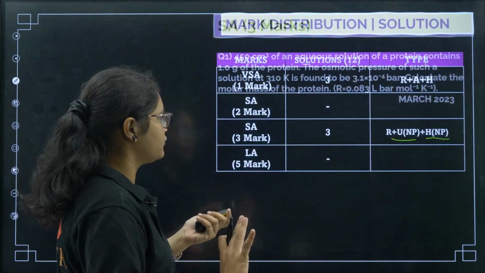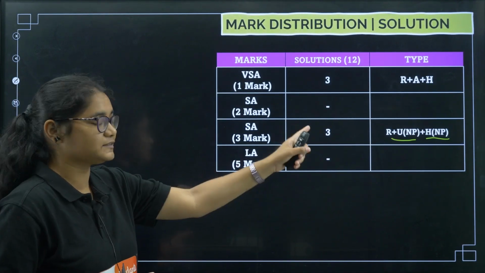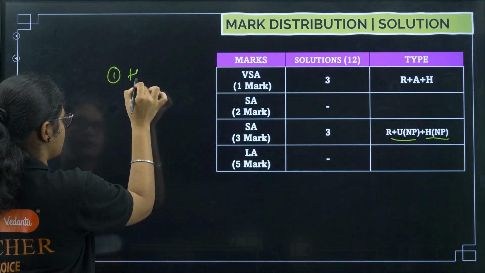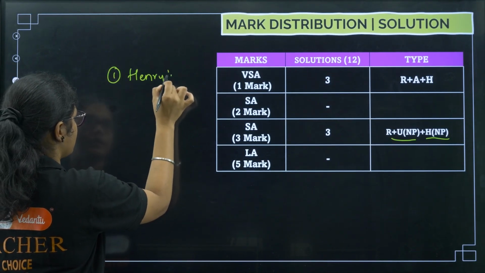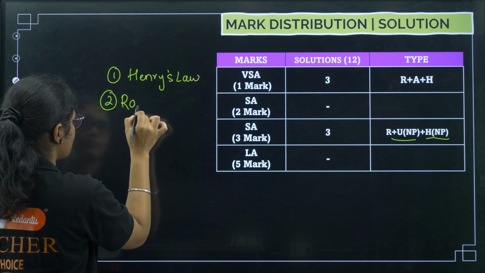Okay, now before going to this question, I want to tell you the different topics from where you can expect numericals from this particular chapter. First is Henry's law numerical. Second, you can get from Raoult's law.